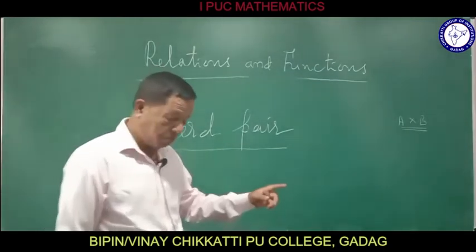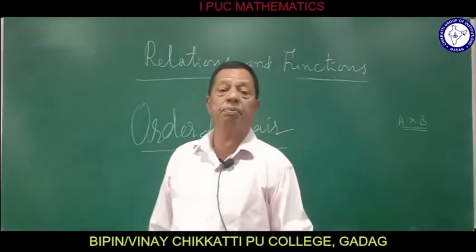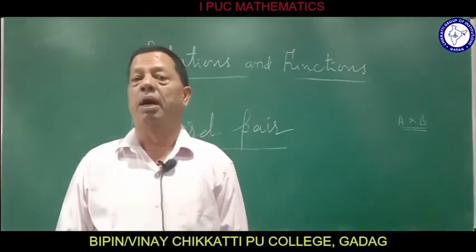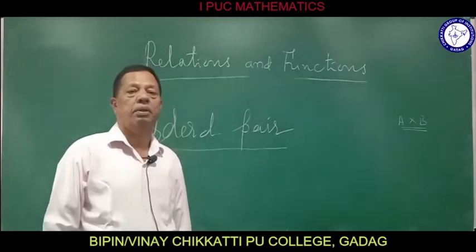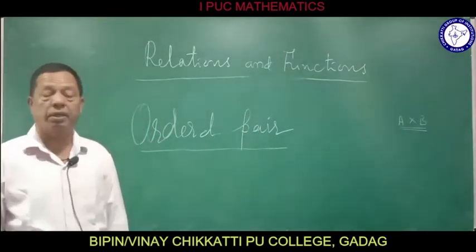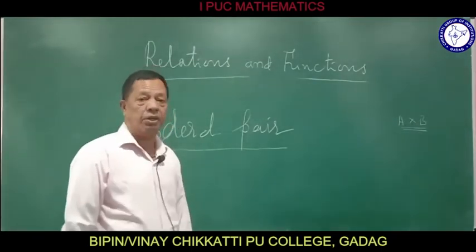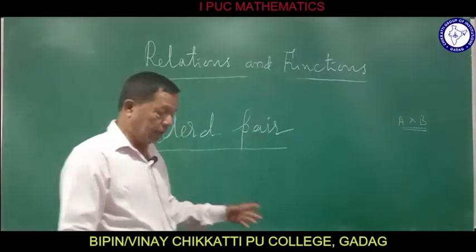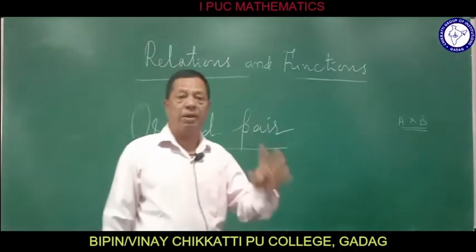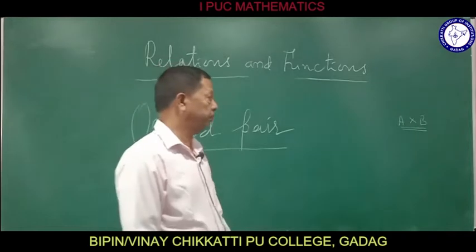And here also, when you find the product of the two sets A and B, you will get Cartesian coordinates. That is why it is called the Cartesian product. When you find the Cartesian product, we get a new set in which the elements are ordered pairs.